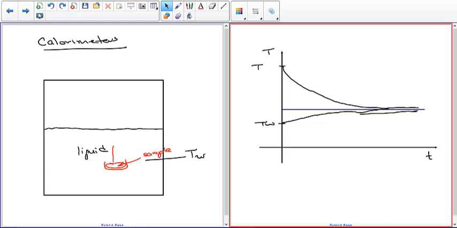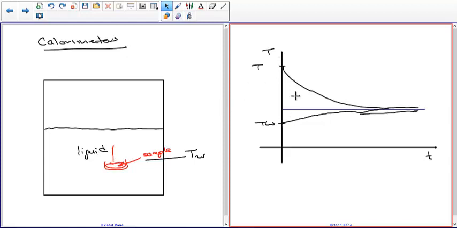So we can look at the change in energy of the liquid by taking the specific heat of the liquid and the mass of the liquid and the temperature increase of the liquid, and we can look at the change in energy of this object, which is going to be equal to the mass of the object times the specific heat, which we may not know, times the measured temperature difference.